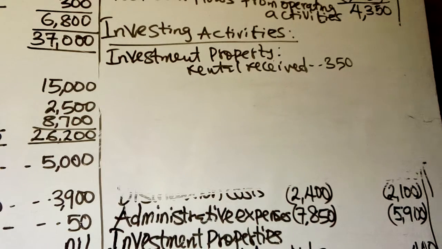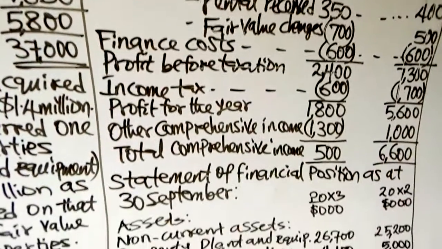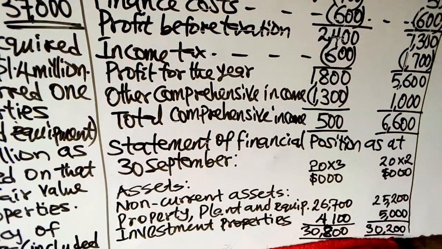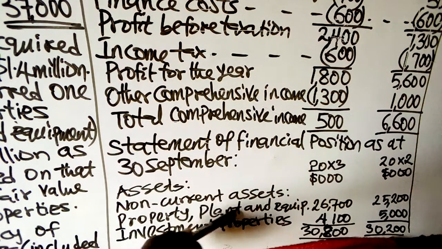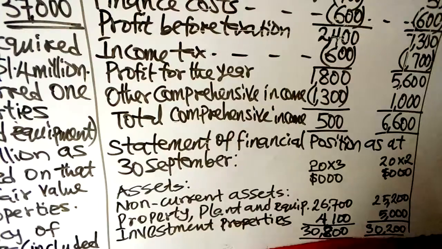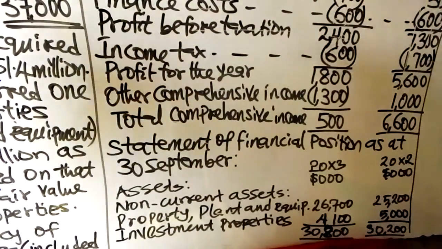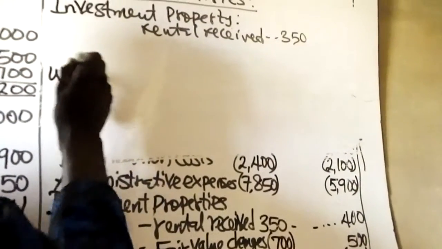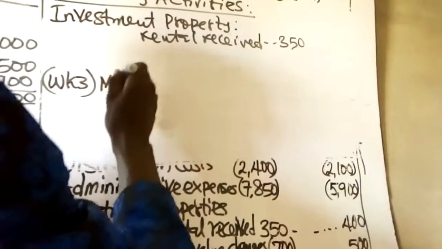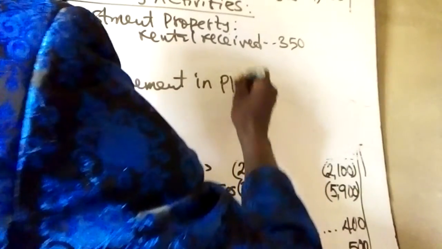I've told you that you check the movement in non-current assets. Our non-current assets include the property, plant, and equipment. You want to check the movement in property, plant, and equipment. That is working three. Movement in property, plant, and equipment.